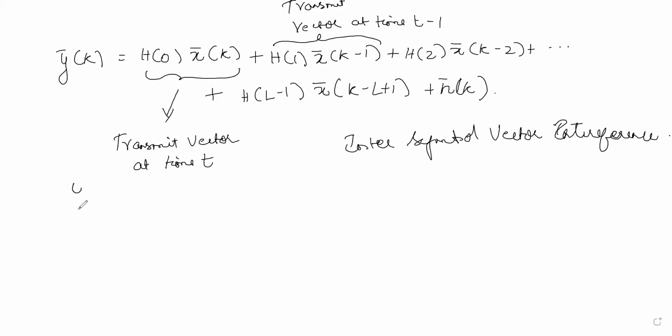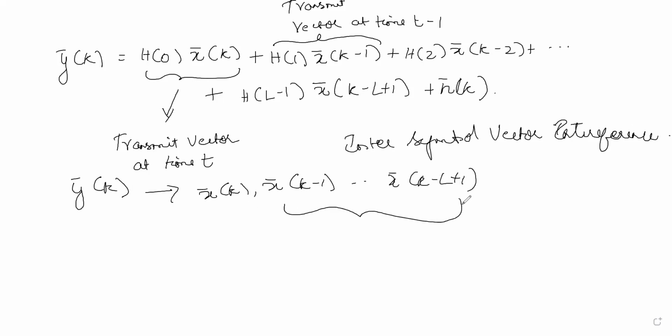This y bar of k depends on the transmit vectors x bar of k minus 1 till x bar of k minus L plus 1, which are all the previous transmit symbol vectors.